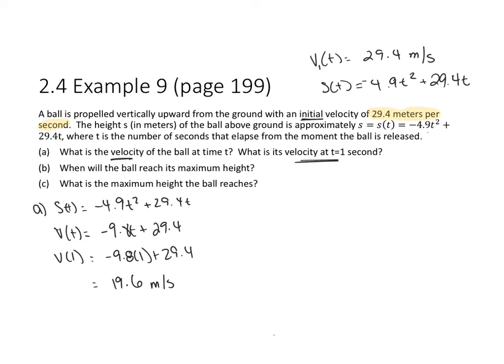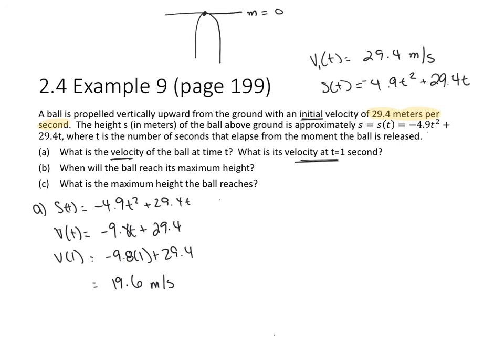Part B asks, when will the ball reach its maximum height? So we have a ball that's going up and then it's coming down. Right here will be its maximum height. If I'm thinking about my derivative, right here, the slope of the tangent line is going to be 0.